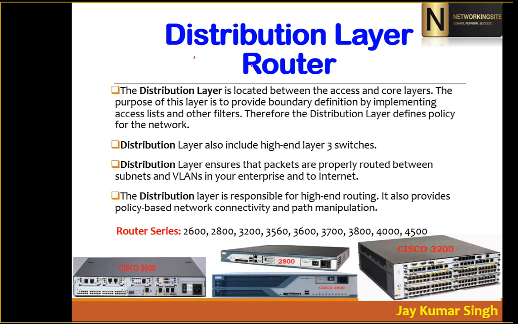The distribution layer is located between the access layer and the core layer, a boundary layer between where you generated the data and where you have to forward the data.